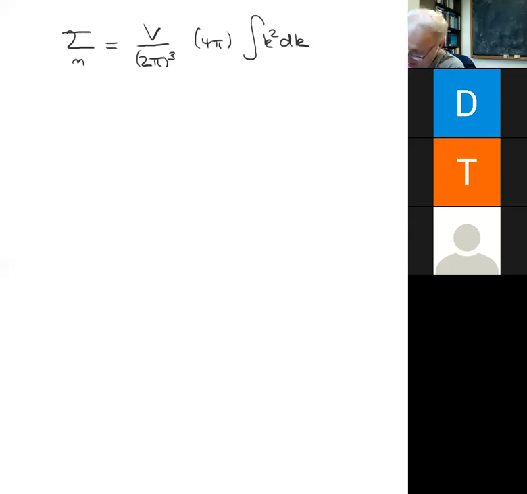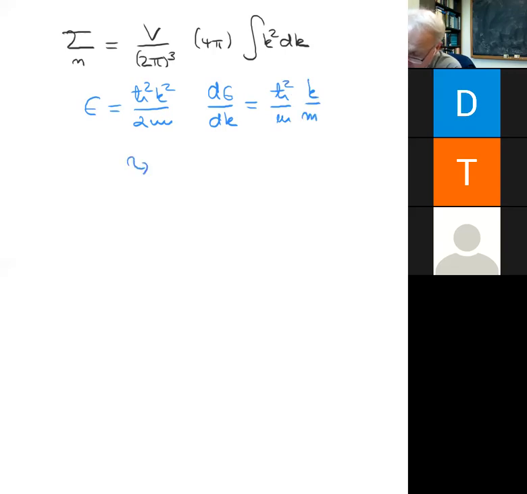Remember, our energy is epsilon equals ħ²k² over 2m. And so that means d epsilon by dk is ħ² over m times k.